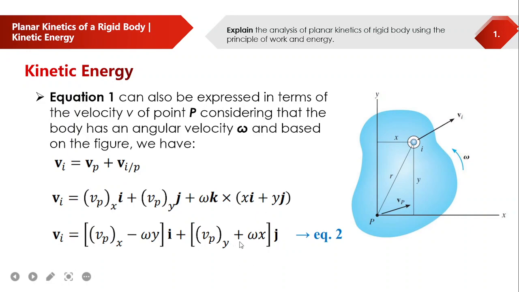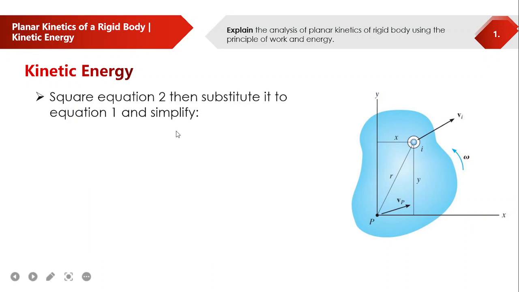I hope you are not confused there. Again, this term is the cross product of omega k times x i, so k cross i is positive j. We need to simplify that one.